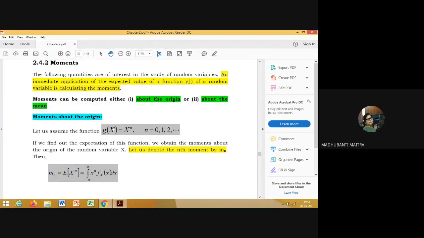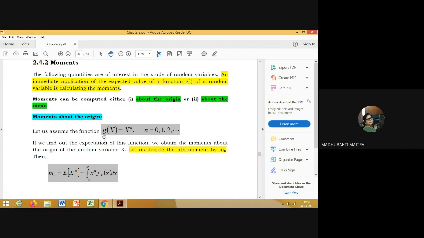A moment about the origin is defined with a function g(x) of the random variable, which is given by x to the power n, where n can vary from 0 to 1 to 2, etc. If we take the expectation, then we get a moment, and that moment is called the nth moment about the origin.